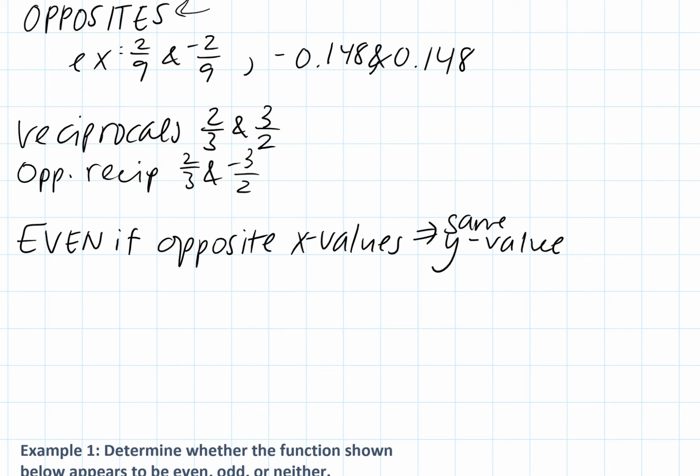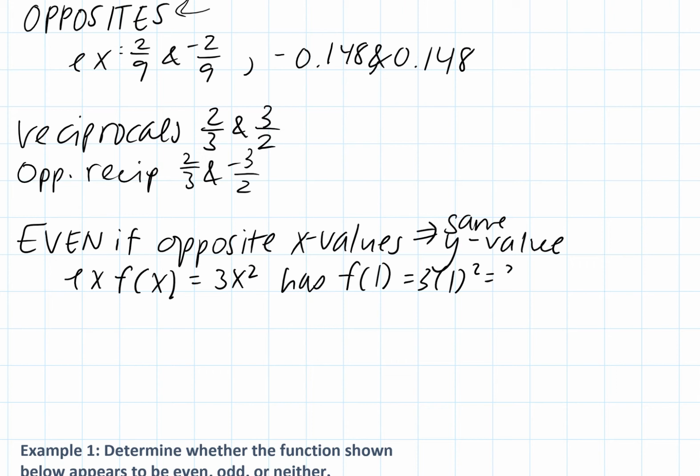So for example, f of x is 3x squared, has the points f of 1 is 3 times 1 squared, which is 3, and f of -1 is 3 times -1 squared, which is still 3. This is true for any x value, whether you're substituting a 5, 7, 143.2, 898, whatever.